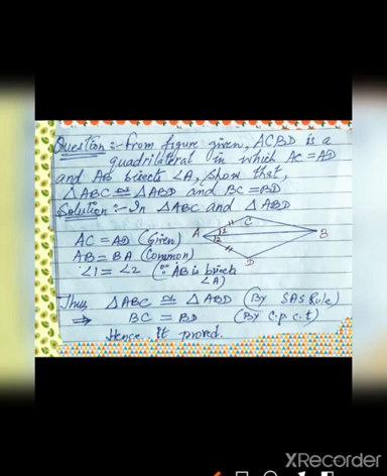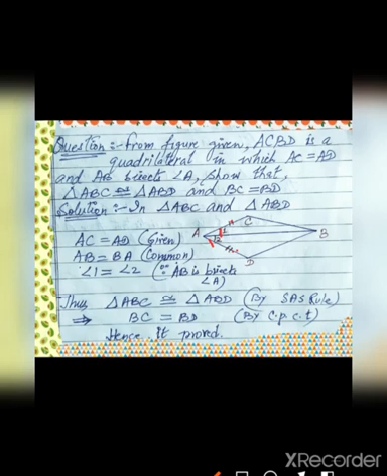Yes or no? Now, by looking at these three criteria, we are able to say that triangle ABC is congruent to triangle ABD. Why? Because we applied the SAS rule, side angle side. Now with the help of CPCT, because we already have congruent triangles, their corresponding parts must be equal.